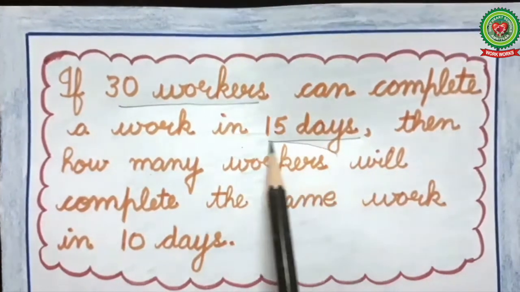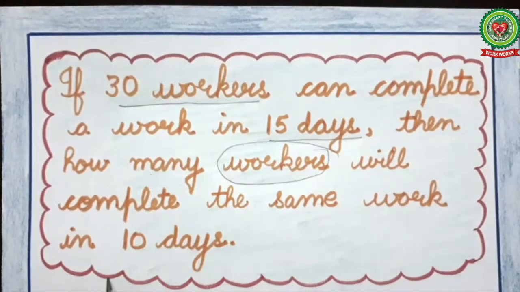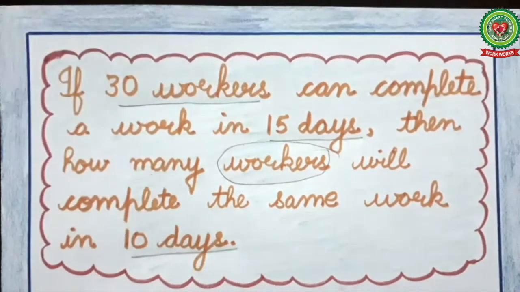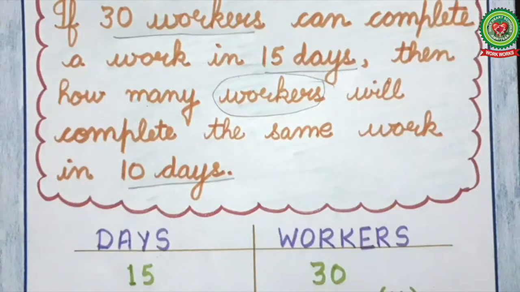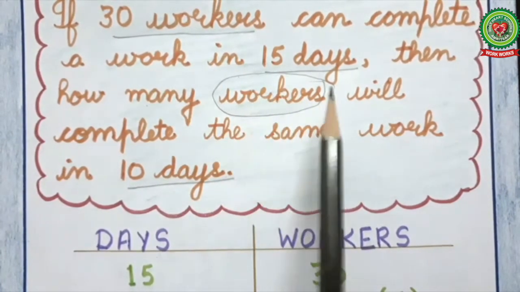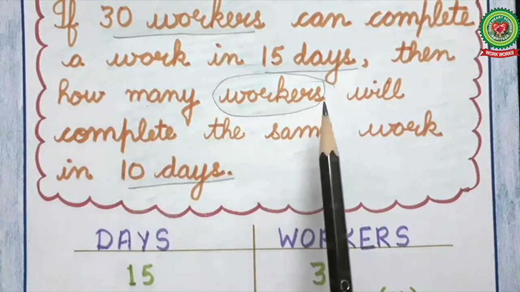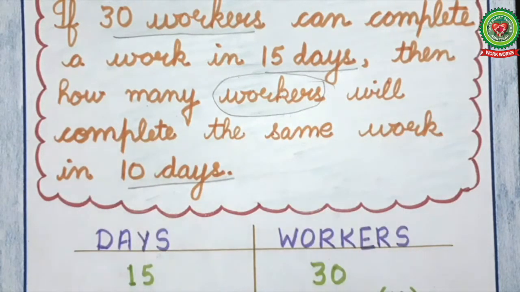That means we need to find the workers who will complete the same work in 10 days. Now, think about the situation given in the question carefully. Here we have given 30 workers complete work in 15 days. We need to find how many workers will complete the same work in 10 days.